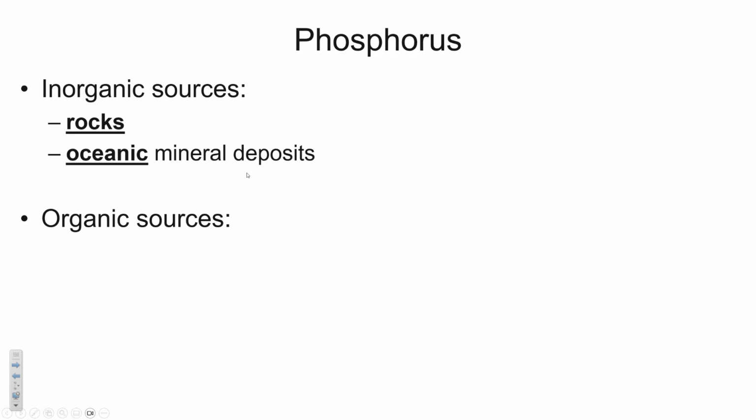Another source are oceanic mineral deposits, and so ultimately, most of the phosphorus on Earth has come from these inorganic sources over time, and then eventually builds up into organic sources, which can then be recycled from one living organism to the next. Organic sources would be things like cell membranes.